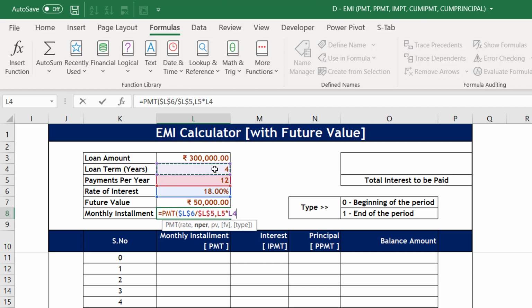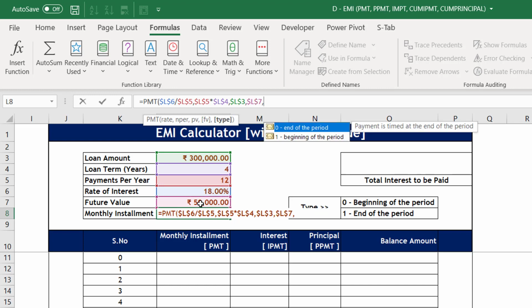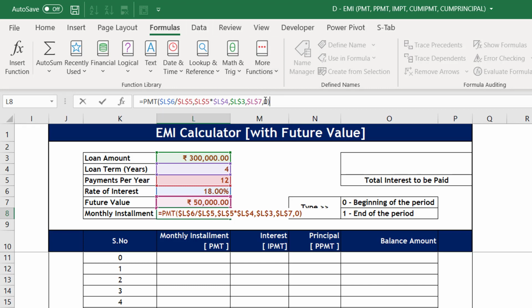I'm going to fix this one too, comma, what is the next thing, present value, which is this one, fix this cell, comma, future value, this much, again fix this cell, comma, 0, and if you do not write 0, the default value of this argument is 0, so that will also do the job.